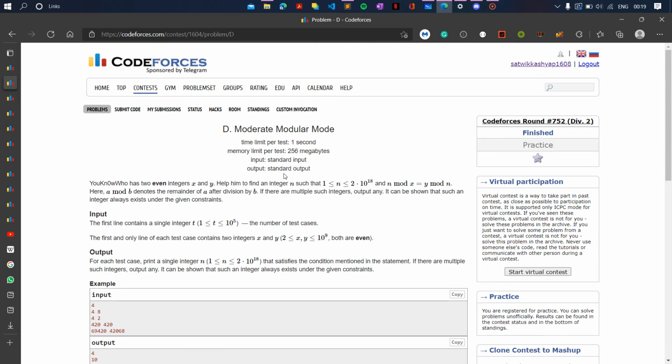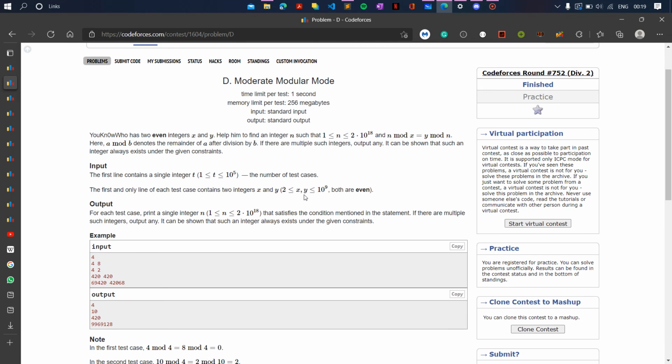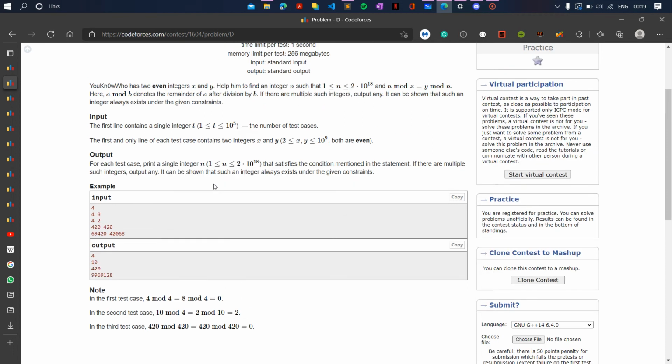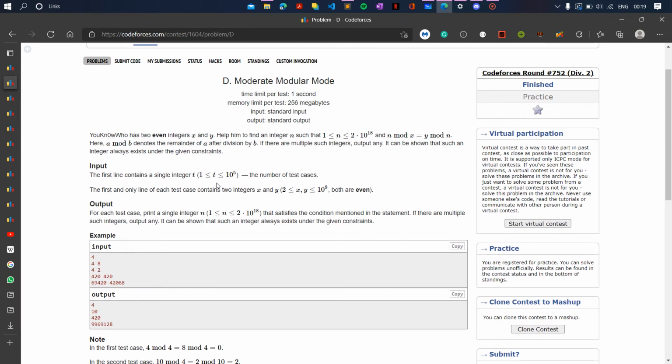So first of all, let's make some test cases in this question. Let's take our first test case as when x equals y, for example, 420 and 420. If we take n equal to x, then both the mods would become zero.